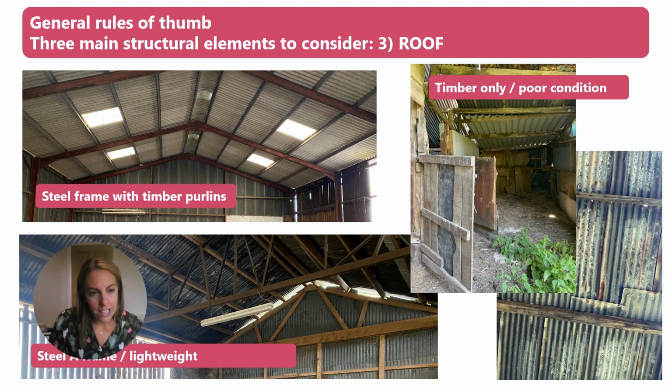You see quite regularly the one on the bottom, these A-frames, or the roll top ones in Dutch barns. They're much smaller pieces of metal, and so those can be difficult to establish as to whether they can take a load, because in the roof you've got to either replace the roof, or you certainly have to add insulation into the roof. So you've got to be able to establish whether those lighter weight ones can take the load.